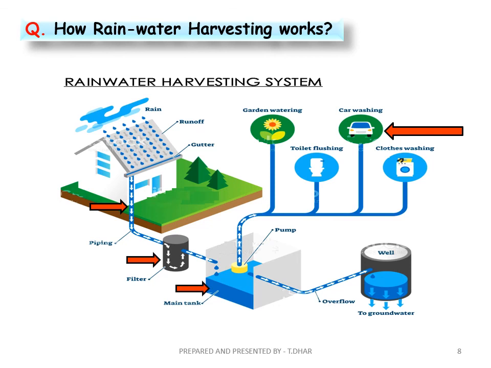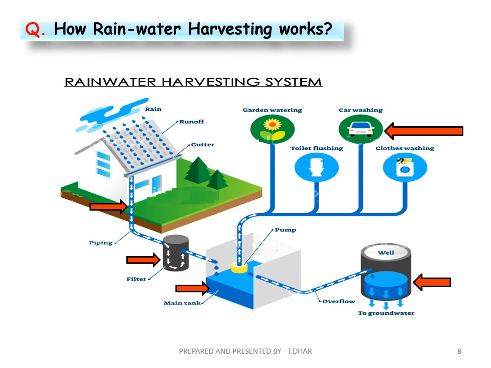And moreover, when the main tank gets totally full and starts to overflow, that overflown water again through a pipe gets shifted to a well, and this water gets deposited as groundwater.